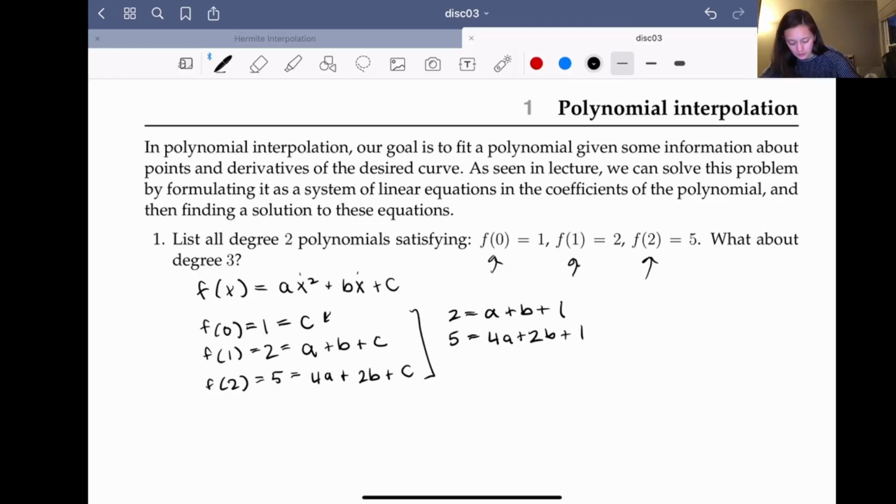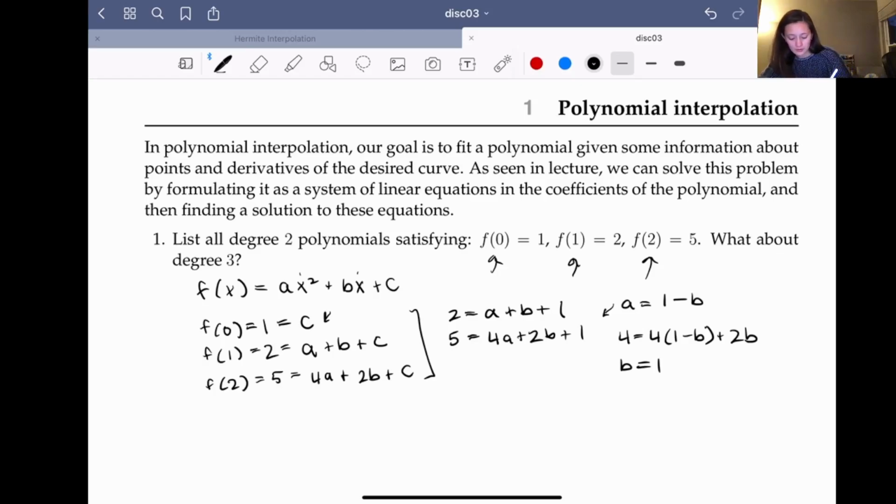Okay, and this is the same as a equals 1 minus b. So now we'll plug this into the third one. So we'll get 4 equals, and we'll get that b is equal to 1.